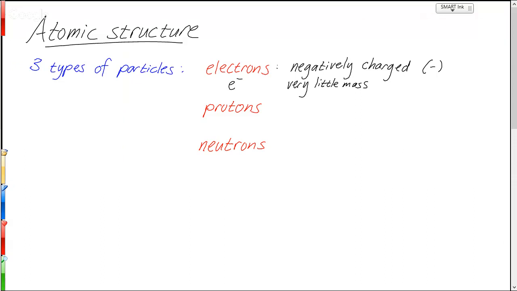Okay, so what about protons? Anybody know the charge on a proton? Yeah. That should be minus one. So protons are positively charged. So they have a charge of +1, we'd say.